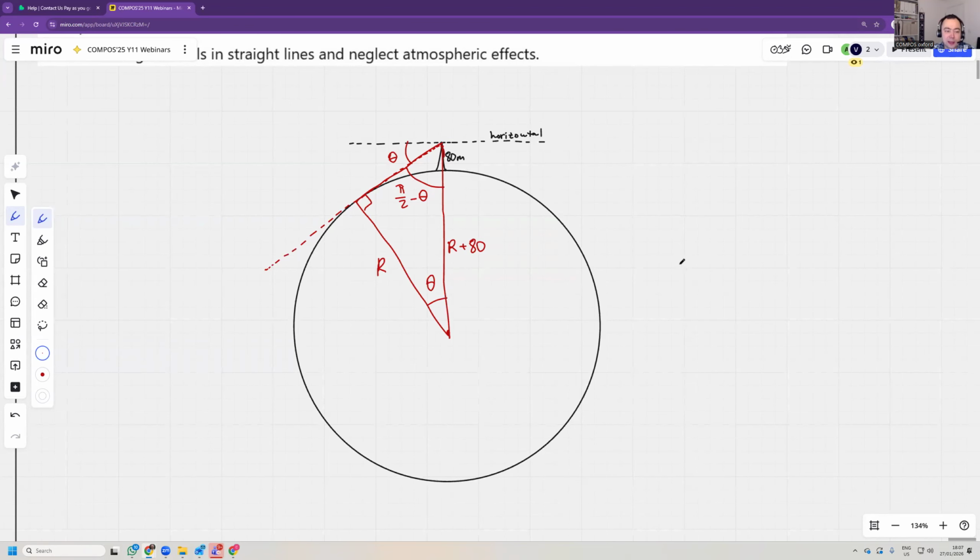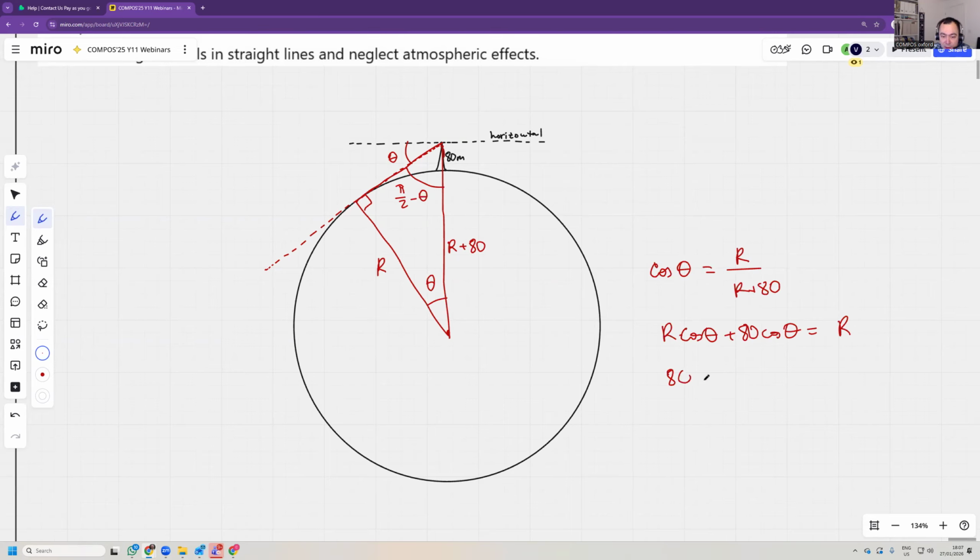And you can say that from this triangle, cos theta is r divided by r plus 80. And from here, we can make r the subject. So r cos theta plus 80 cos theta equals r.